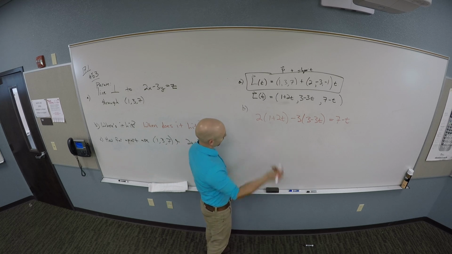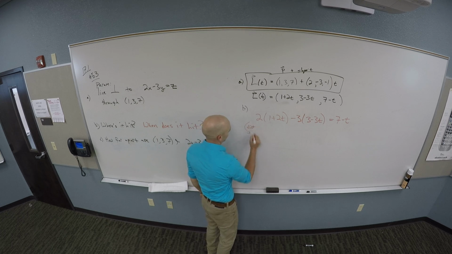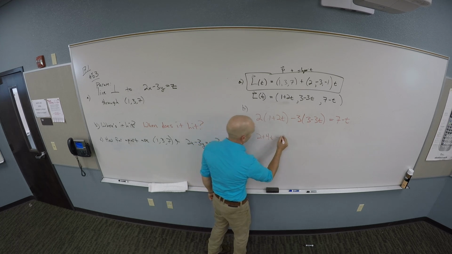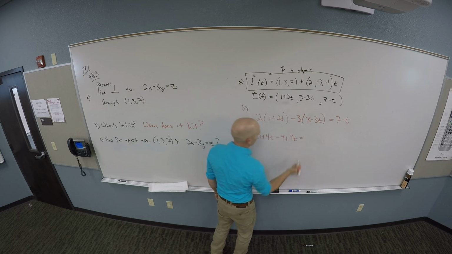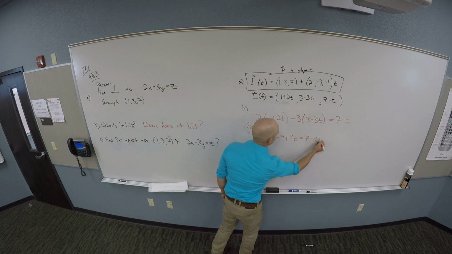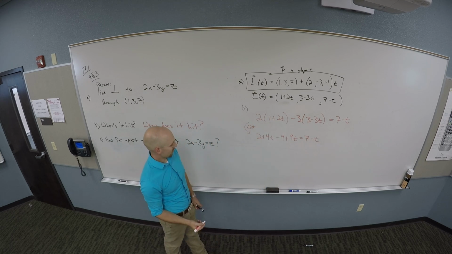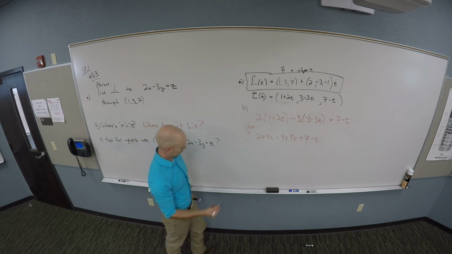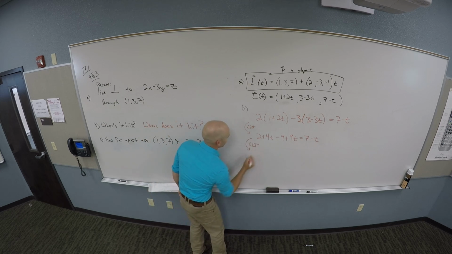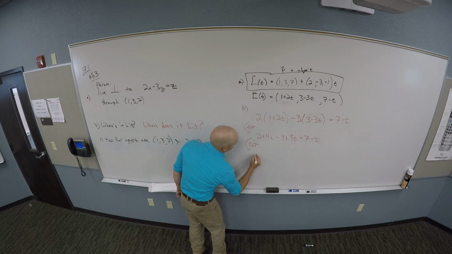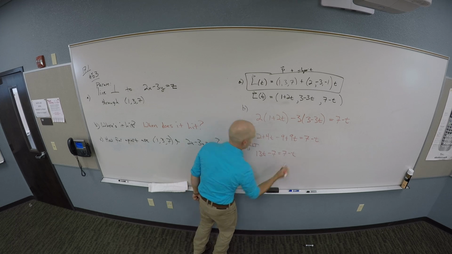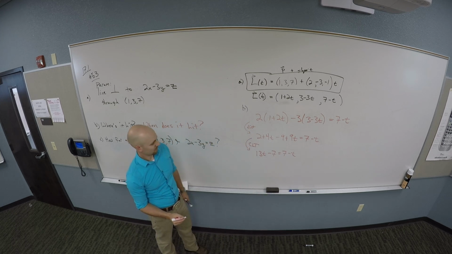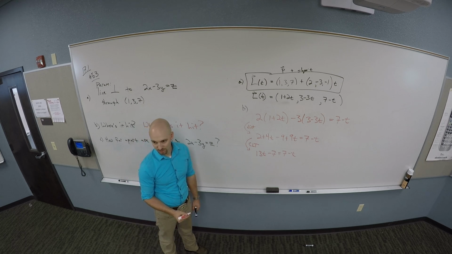So, what do you get? 2 plus 4t minus 9 plus 9t equals 7 minus t. Okay, combine my terms. So that reads like I've got 13t minus 7 is 7 minus t. T equals 1.